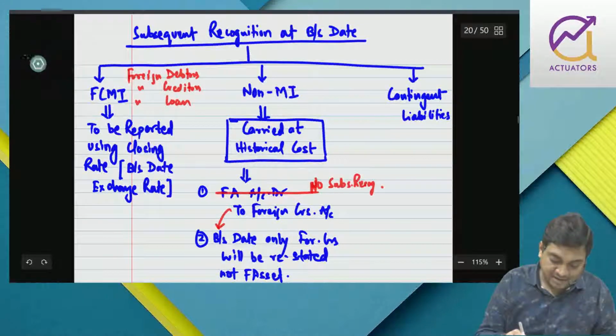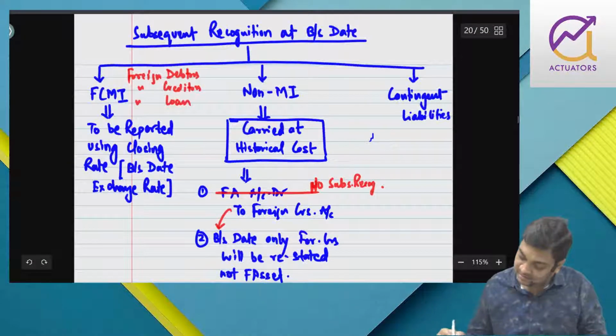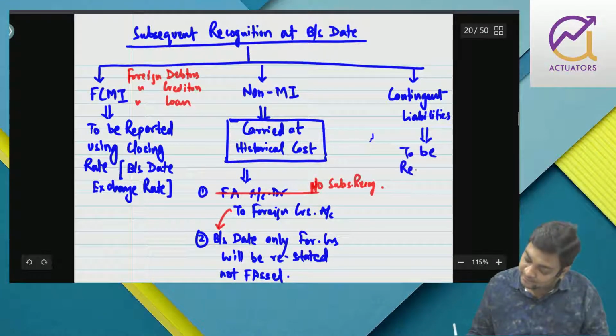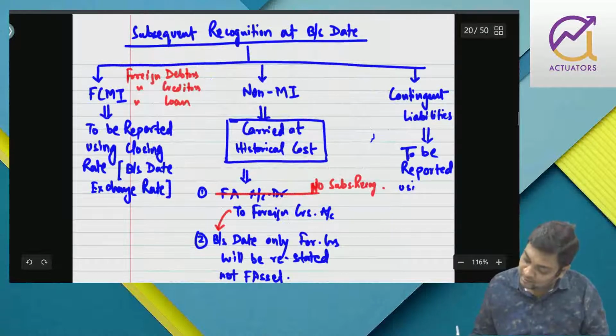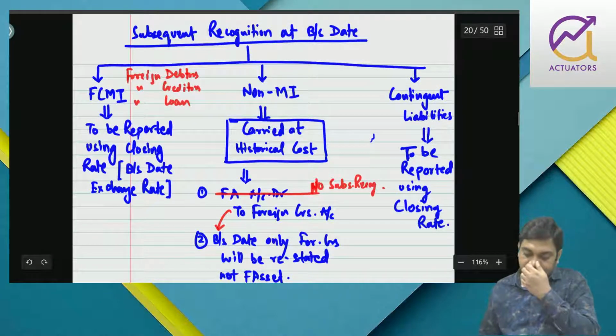And regarding contingent liability, to be reported using closing rate.